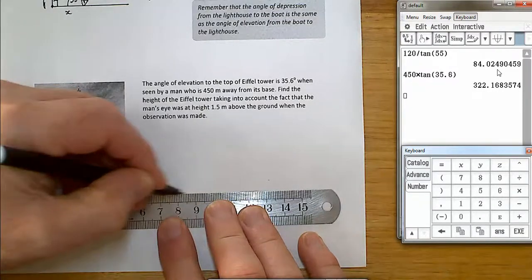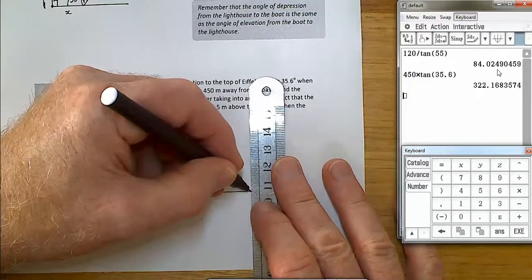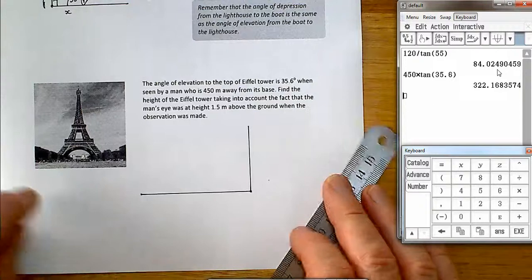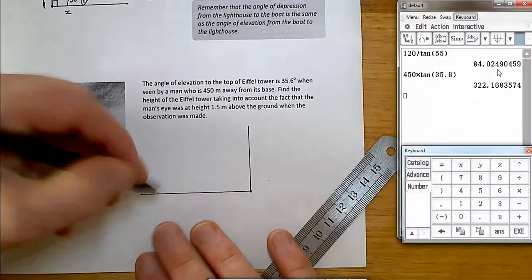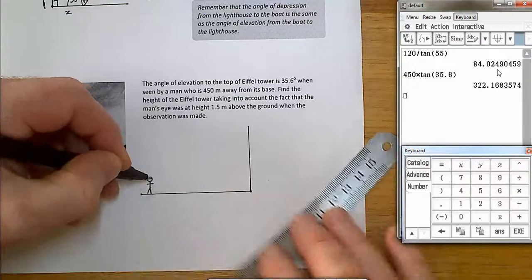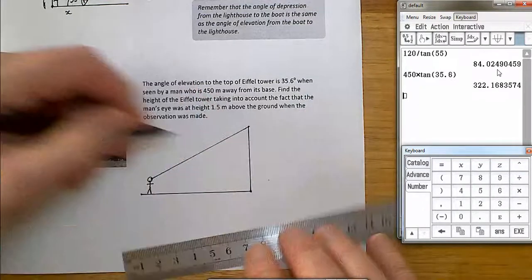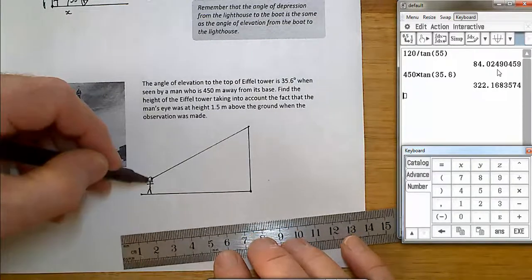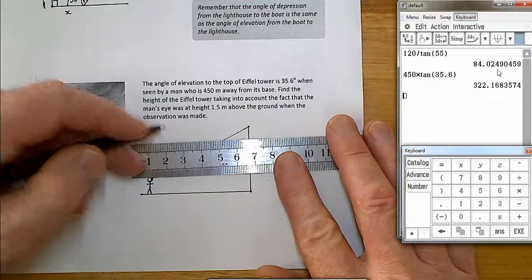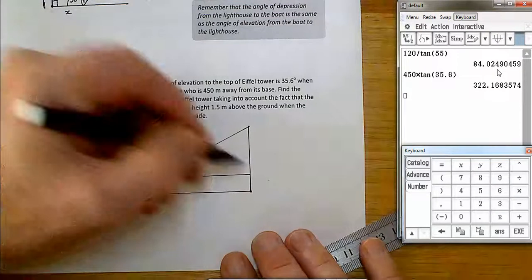Now normally you don't have to worry. In a normal question you can just neglect the fact about a person's height, unless you're particularly told that you have to take it into account. Now if this person was standing over here looking up at the top of the Eiffel Tower over here, and they see the angle of elevation is 35 degrees. So here's our situation.